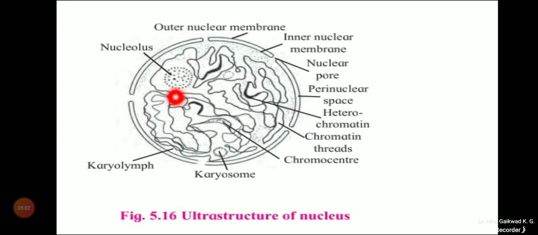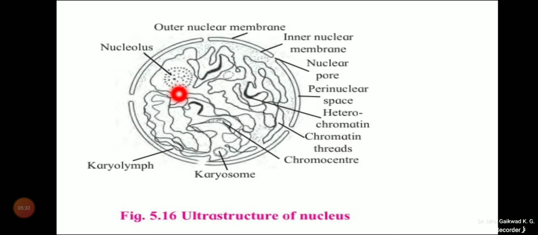This nucleolus is made up of RNA and ribosomal protein, and it is known as the site of ribosome biosynthesis. Ribosome synthesis is done in the nucleolus. Depending on the synthetic activity of the cell, one or more nucleoli may be present in the nucleoplasm.